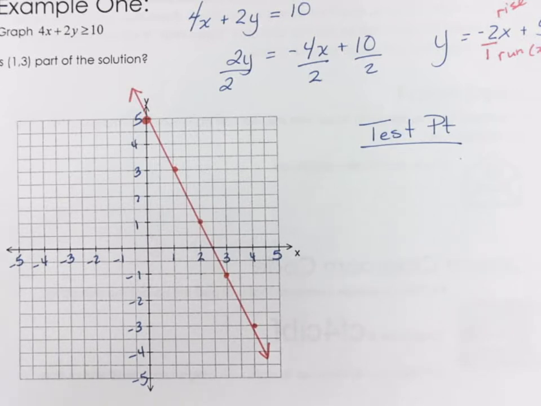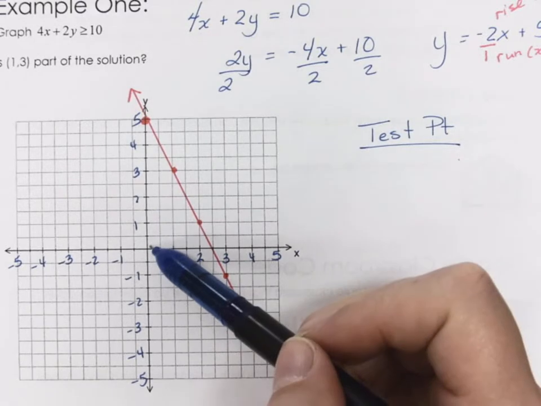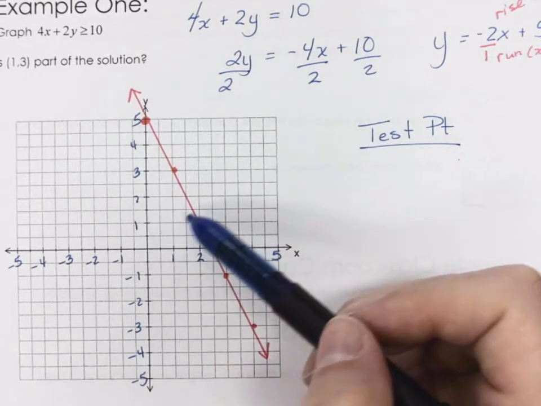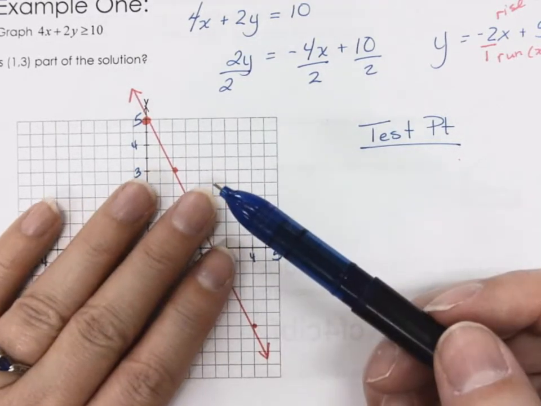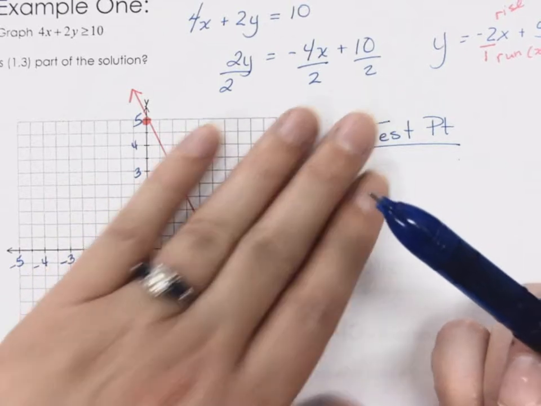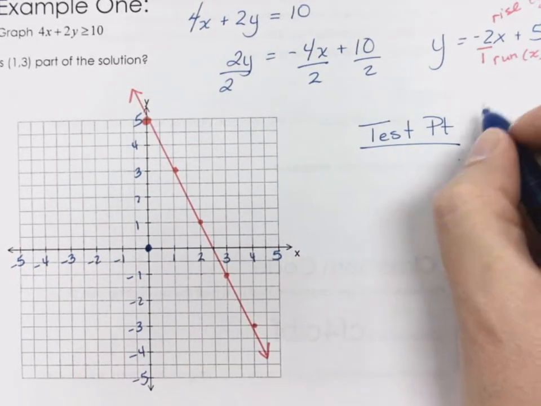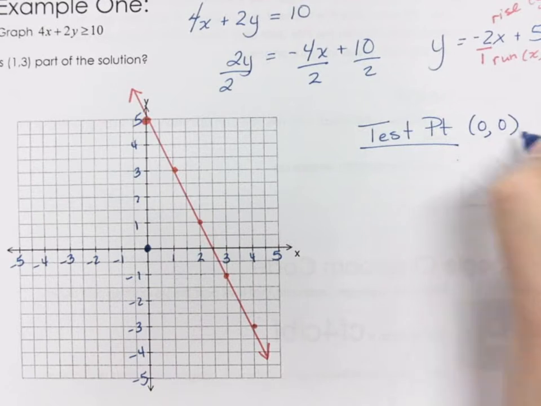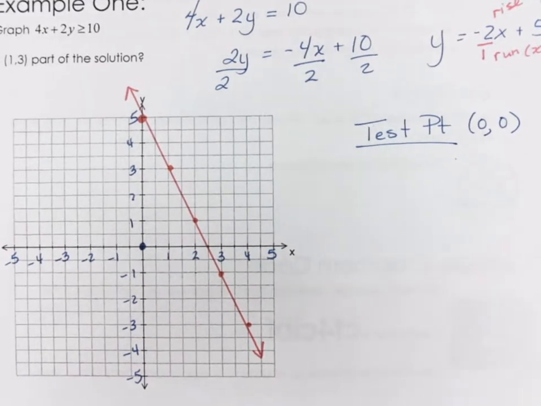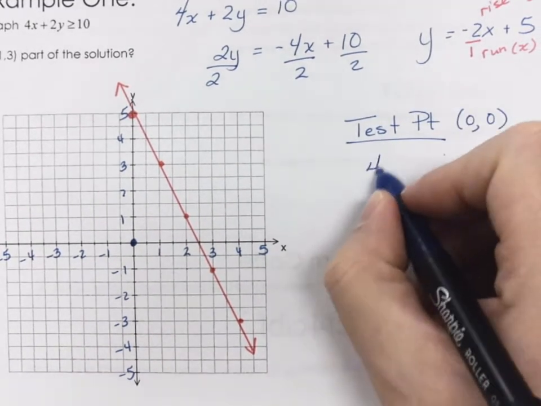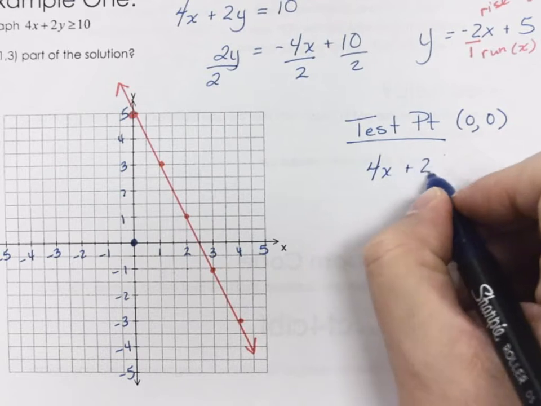0, 0, right? Is that not on this side of the line? So all I'm asking you to do is to pick a test point either on this side or on that side. And so my test point I'm going to pick is right here. I'm going to pick the test point 0, 0. And then I'm going to substitute that into the original inequality.